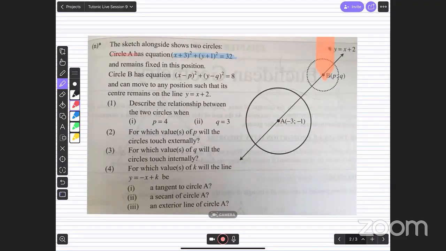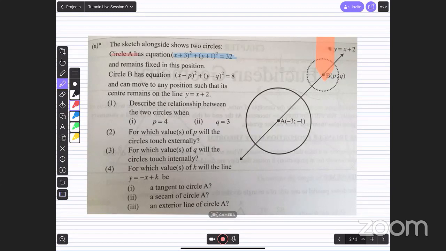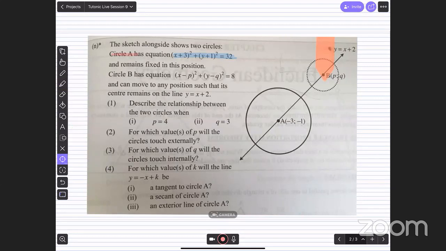And circle B, which is the smaller circle. How do you know the center? Because it's on the drawing. But if they didn't give it to you, how would you know what the center is? It's the a and b value. But here it says -3 and here it says 3.